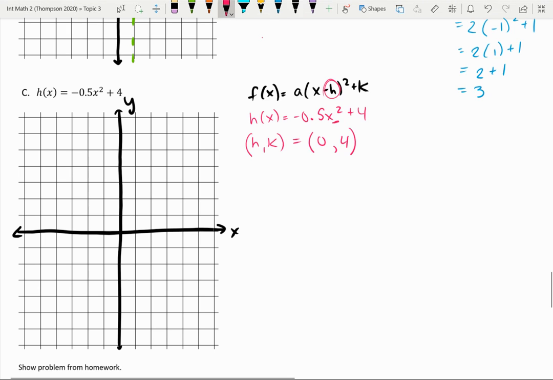Let's see, 0, 4. That's going to bring me up 4. But because it opens down, I'm going to have enough room. So 0, 4, here's my vertex.